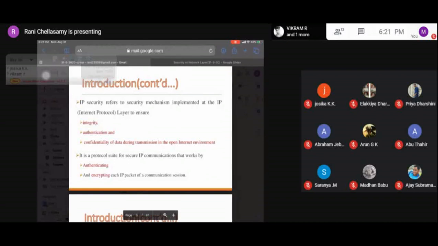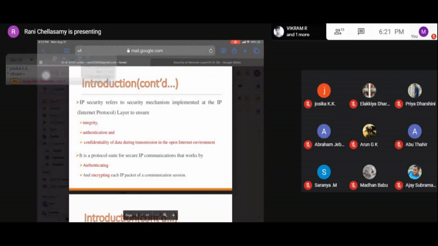And authentication: the corresponding sender is the only person sending the particular information, so that the receiver should authenticate the proper sender. And the confidentiality of data during transmission is also maintained. All these are ensured with the help of the IP security protocol.